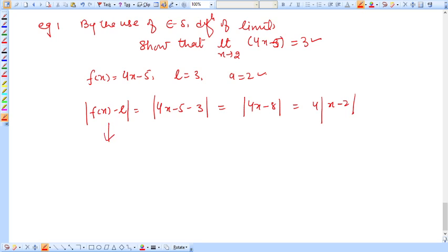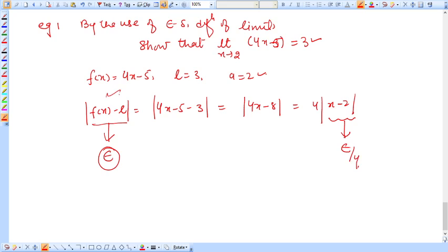So this thing, the whole mod thing, is smaller than epsilon when x minus 2 is smaller than epsilon by 4, because 4 and 4 will get cancelled, right?